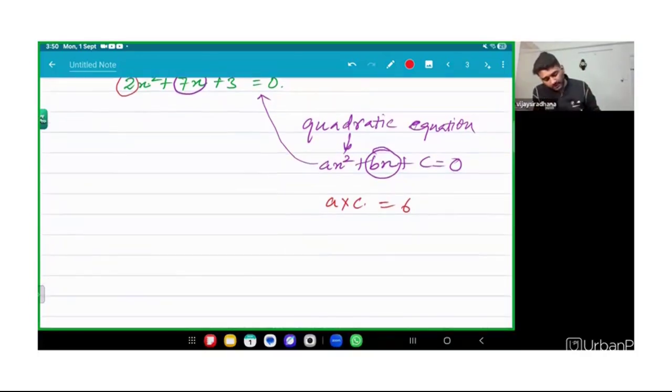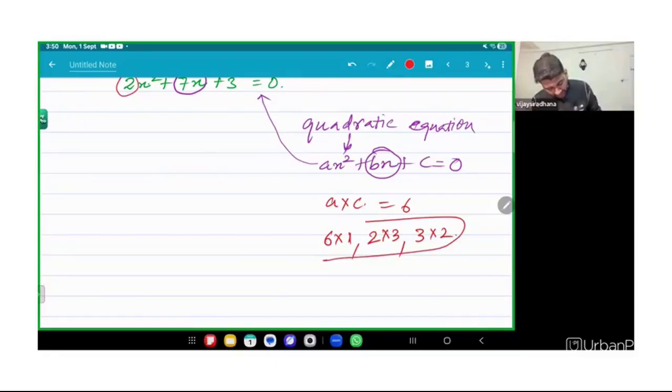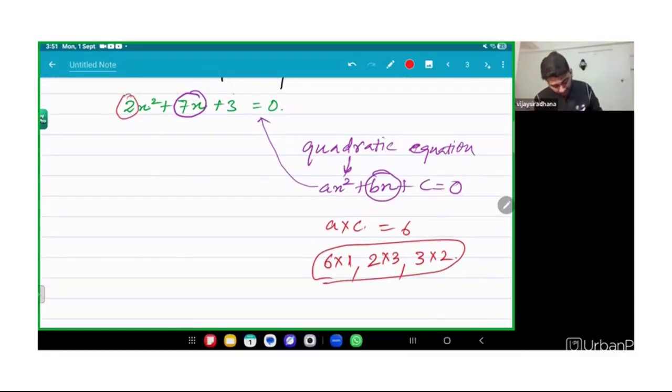Now 6 can be written as 6 into 1, 2 into 3, 3 into 2, right? Now these are the pairs of the factors. Now, in which pair is it possible that if we add or subtract, we should get 7?